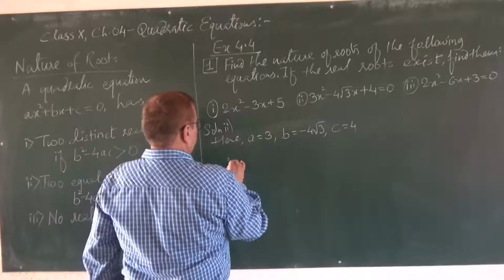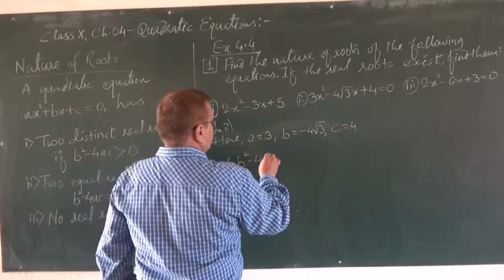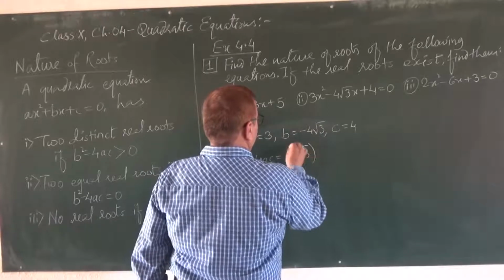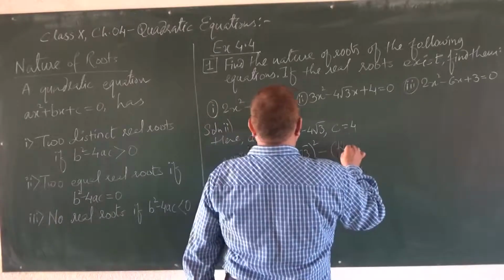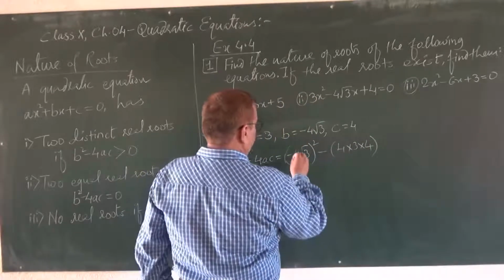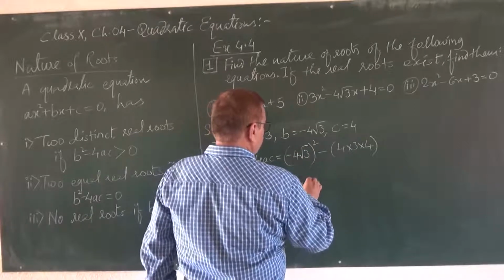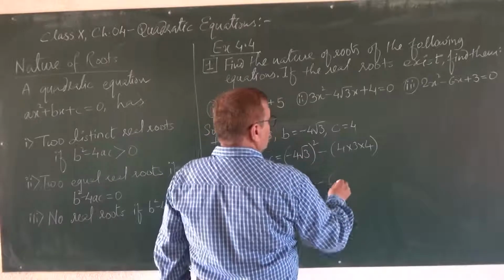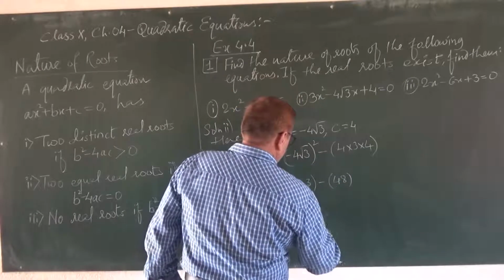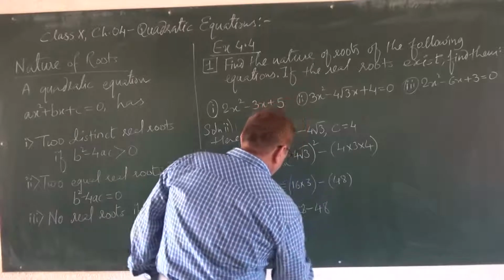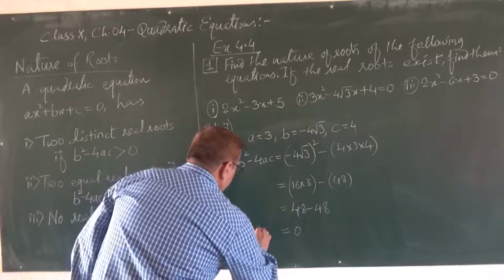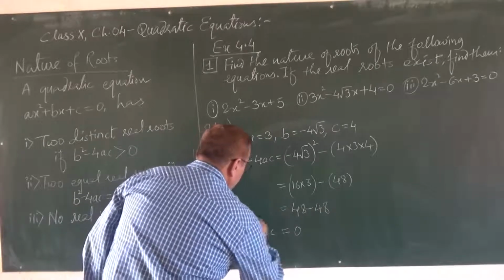Therefore b square minus 4ac is minus 4 root 3 whole square minus 4 into 3 into 4. So the square of minus 4 is plus 16, root 3 square is 3, and 16 3s are 48, and 4 3s are 12, 12 4s are 48. So it is 48 minus 48, that is 0. Therefore b square minus 4ac is 0.